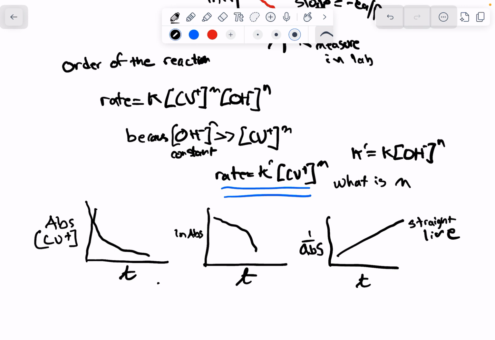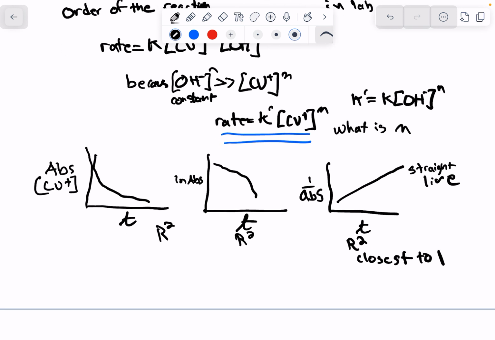How do you know if it's a straight line? You look at r squared when you do the linear fit, and you'll see that this one is closest to 1. The one that's closest to 1 is the order. So this would be rate equals k prime times CV plus to the second.